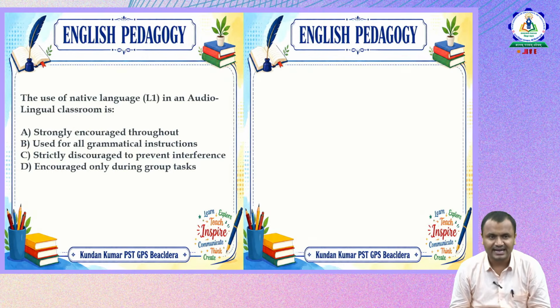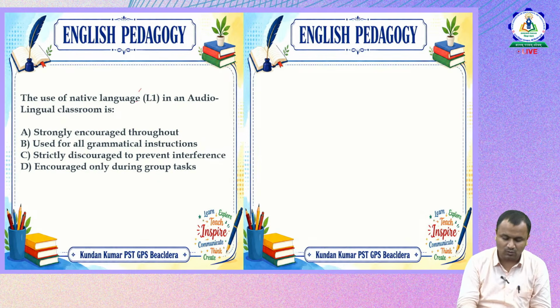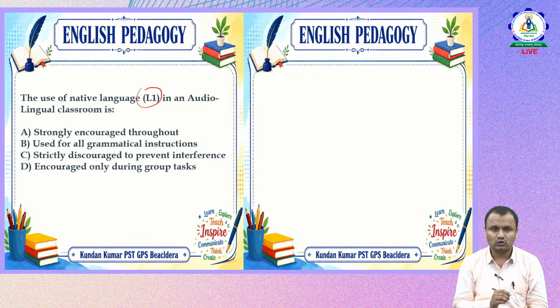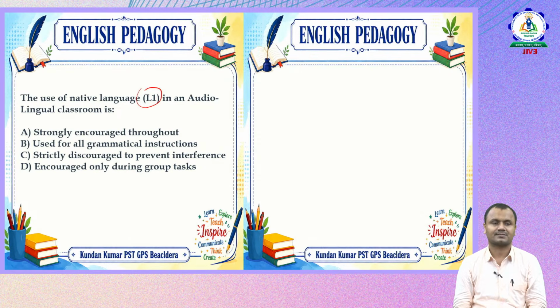The use of native language, that is L1, in an audiolingual classroom is: strongly encouraged throughout, used for all grammatical instructions, strictly discouraged to prevent interference, or encouraged only during group tasks.